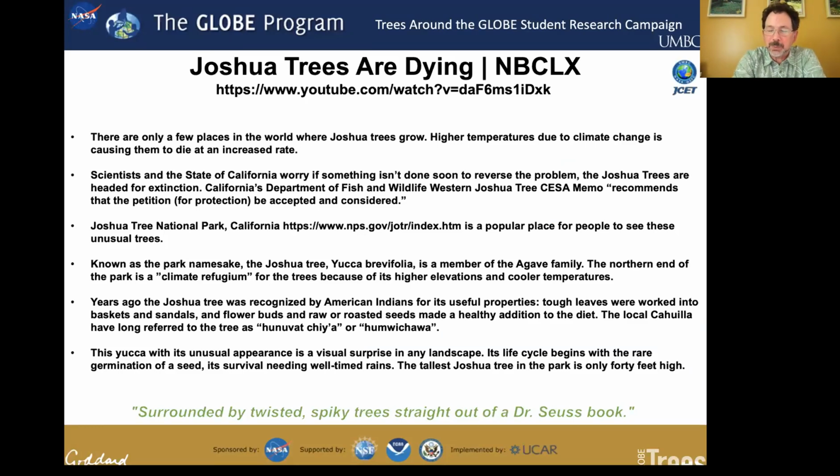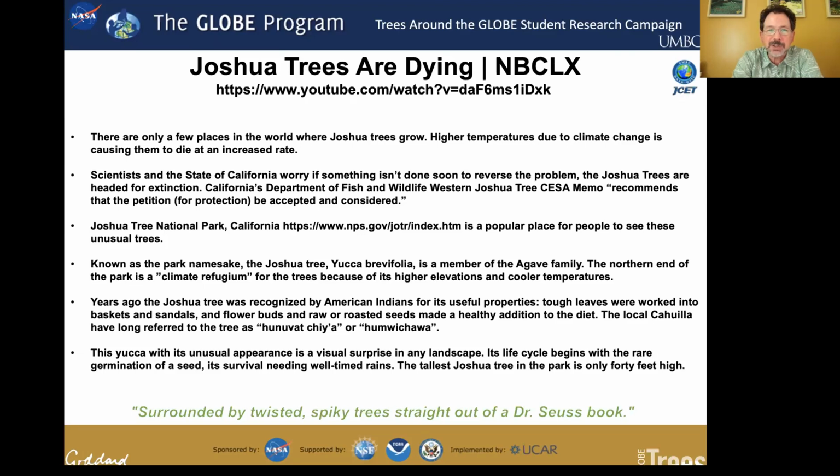In part because we can't travel, we have been looking for stories from around the world. The last time we did a webinar, it was in the Mediterranean. This time it's some charismatic trees out in the southwest of the United States that are unfortunately suffering as climate is changing.